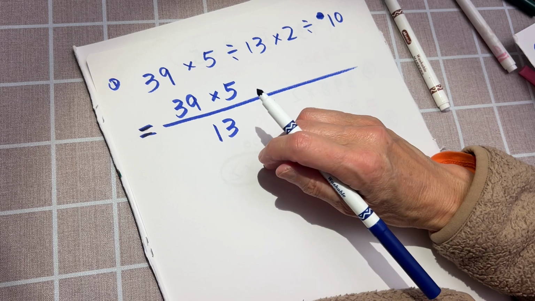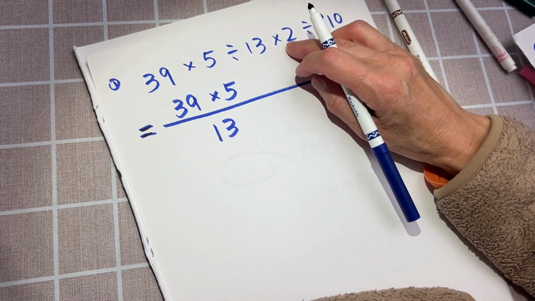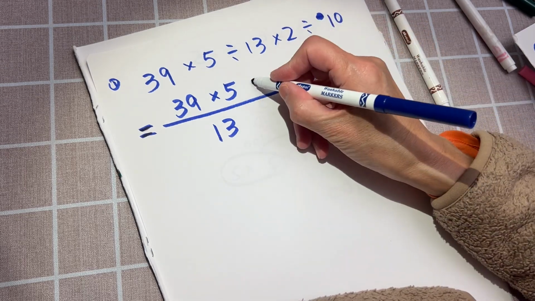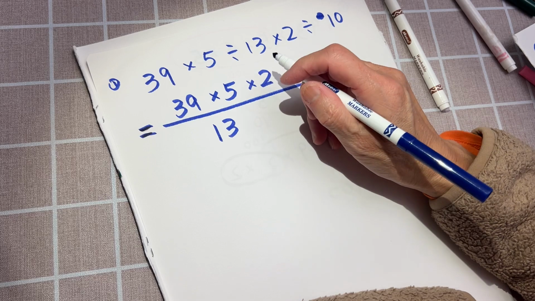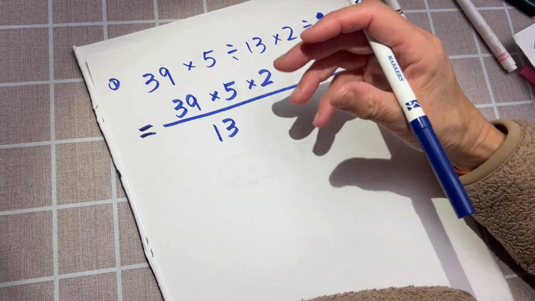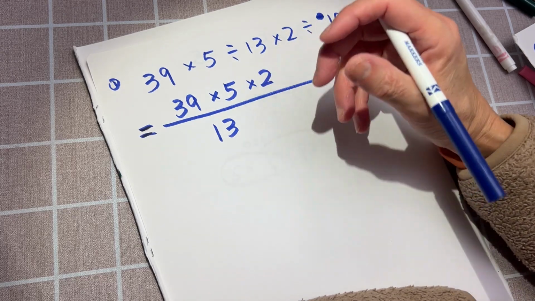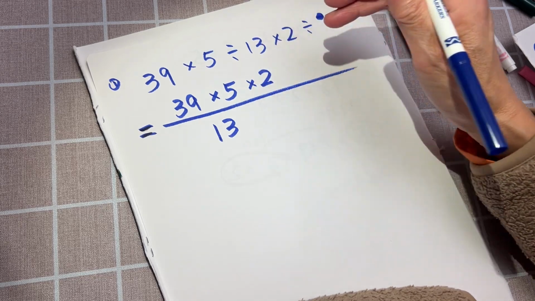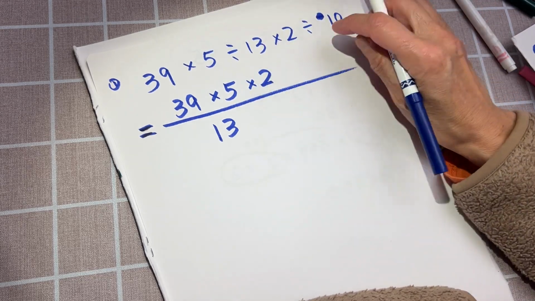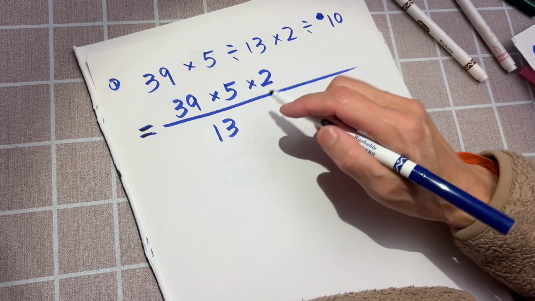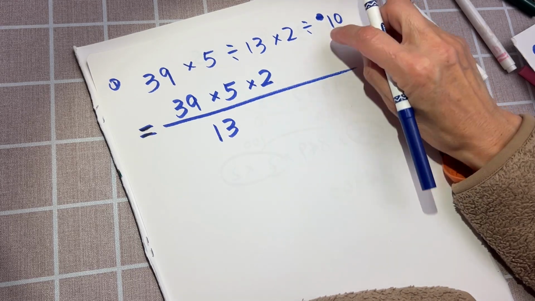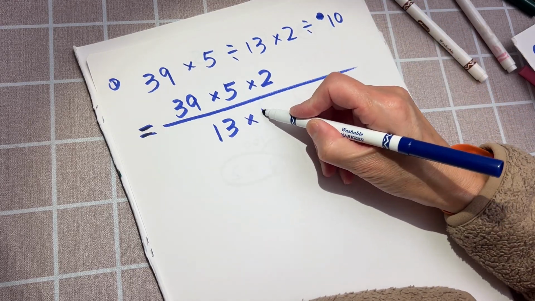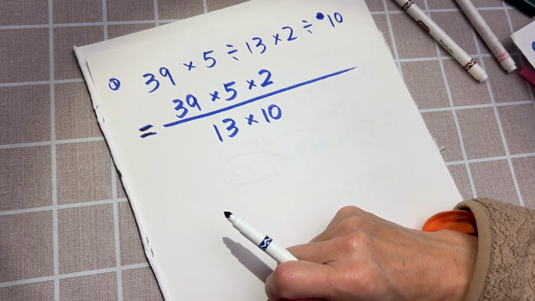13 is the divider. And times 2 is the amplifier to two times. And divided by 10, it's on the bottom, right?